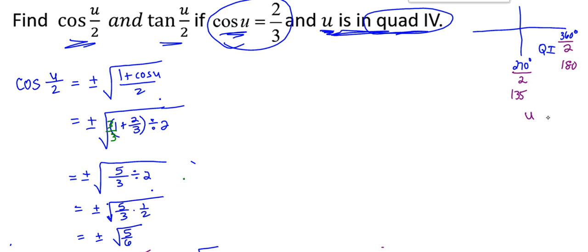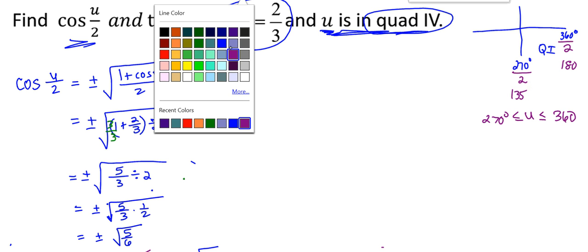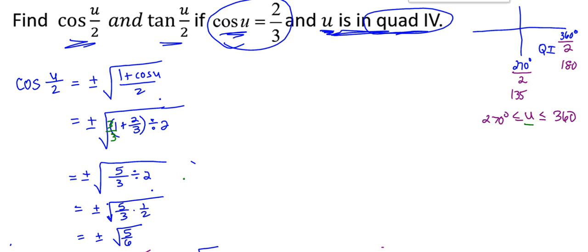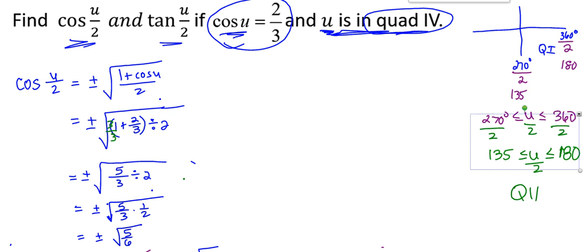So if u is between 270 and 360, then u over 2 is between 135 and 180, which is in quadrant 2.